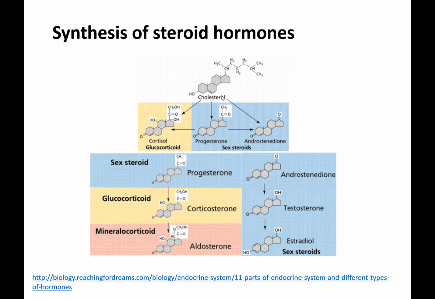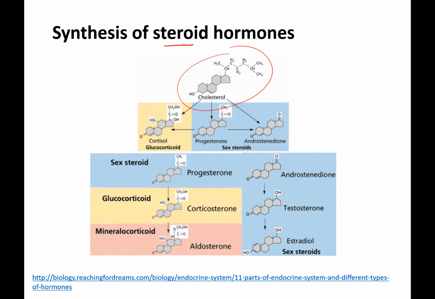We don't talk in detail about different hormones in this class, but we do talk about signal transduction and hormones. So cholesterol, we've talked a lot about, is important in our phospholipid bilayer, our cell membranes. Cholesterol is also a precursor to a lot of these steroid hormones.